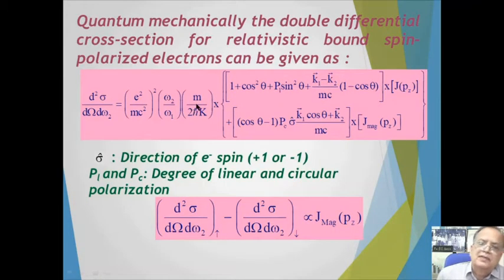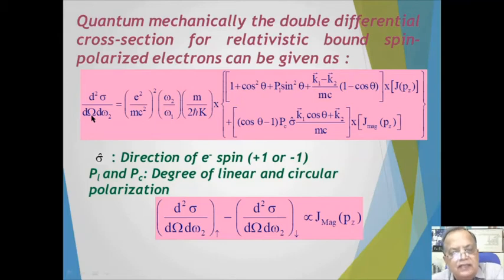So quantum mechanically, if we calculate the double differential cross section for relativistic bound spin polarized electrons, then d square sigma upon d omega 2 can be written like this. This is the double differential Compton cross section.